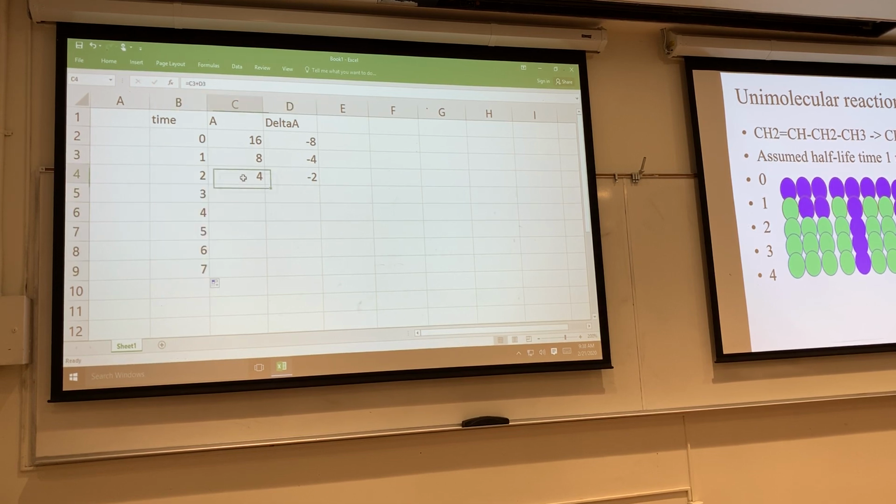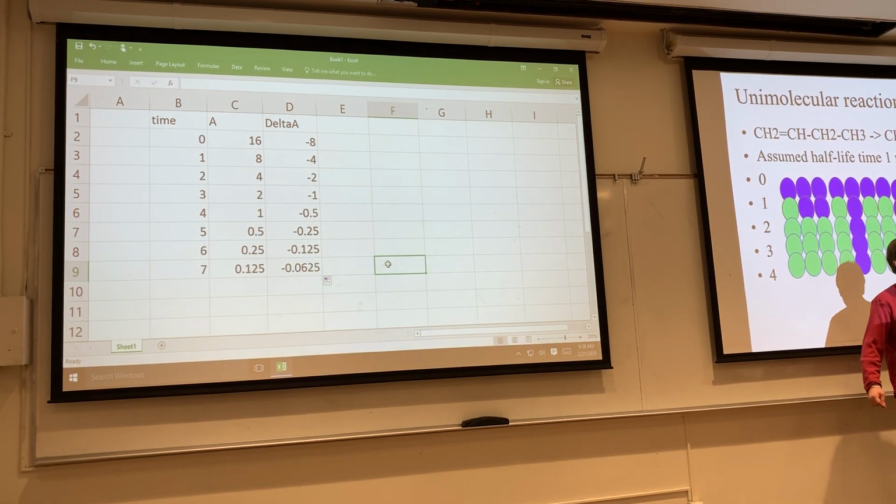And what I'll see over here, I'll find, okay, it's 2, and then how many will decompose of them is 1, and I can essentially go on. And if I had moles of molecules instead of molecules, then those fractional numbers would actually make sense. But for molecules, of course not.